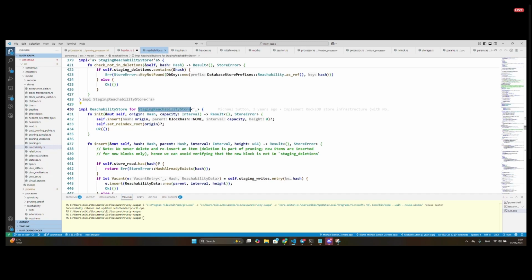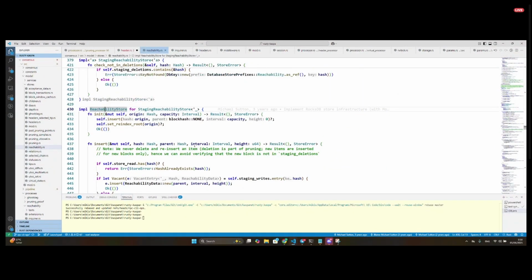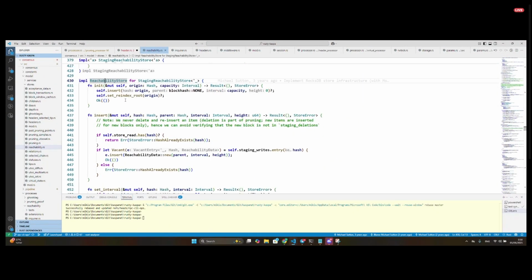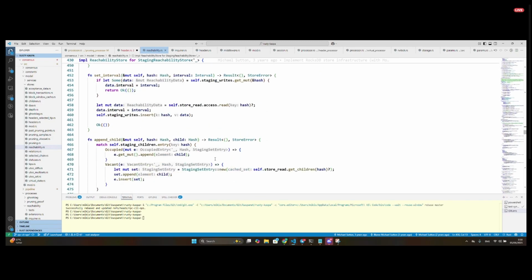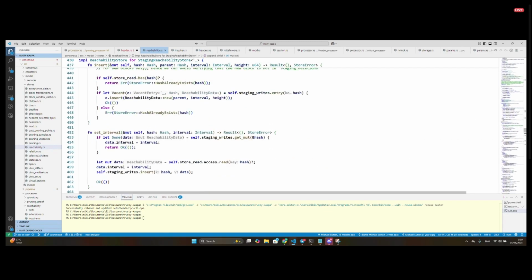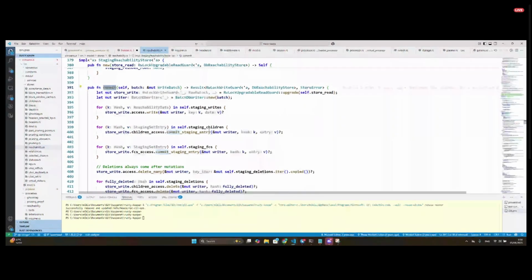There's a reachability store reader and there's a reachability store, so the reachability store is the one with the write functions as well. The complicated code is in all the write functions, how they operate for the staging, how they update the staging data. And then the next thing to look at is the commit. That's the next thing interesting to look at.